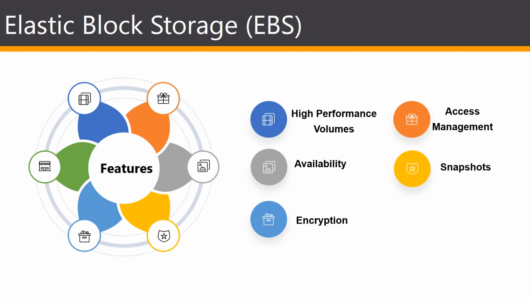You can also protect your data by taking point-in-time snapshots of your EBS volumes, providing long-term durability for your data. Boost the agility of your business by using the EBS snapshots to create new EC2 instances. It also allows you to optimize your volumes for capacity, performance, or cost, giving you the ability to dynamically adapt to the changing needs of any business.